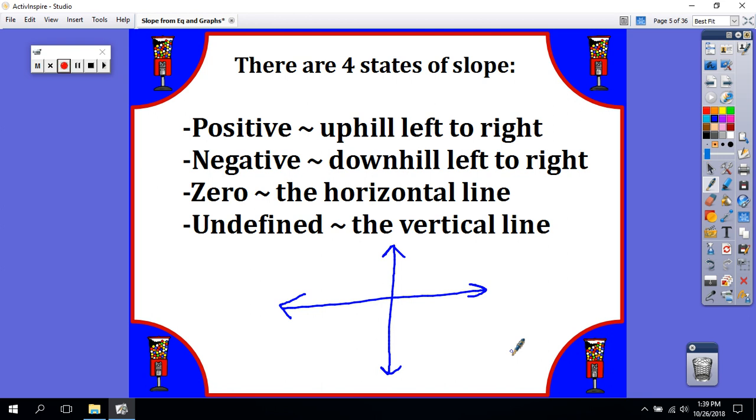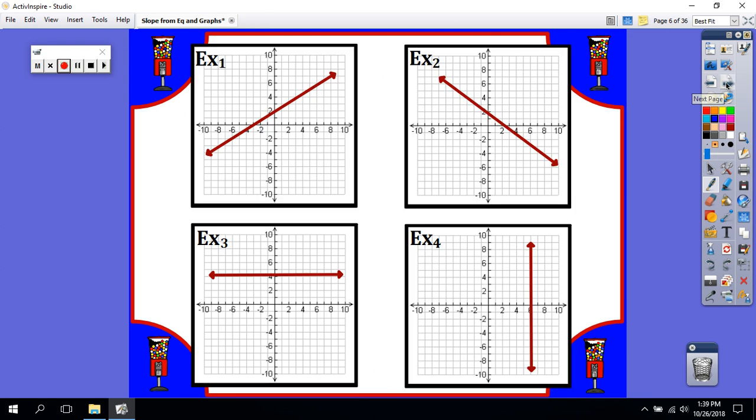All right, let's look at some examples. Example number 1 on your paper. Start on the left side of the graph and move towards the right. What is happening to this red line that is graphed on it? It's moving which direction? Uphill from left to right. So this would have what type of slope? A positive slope.